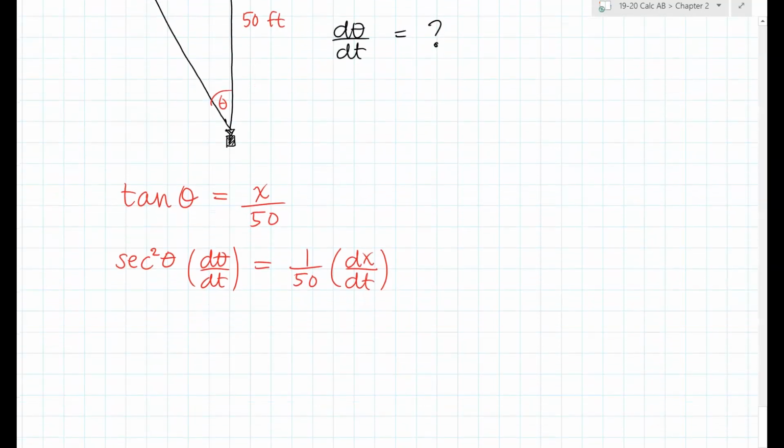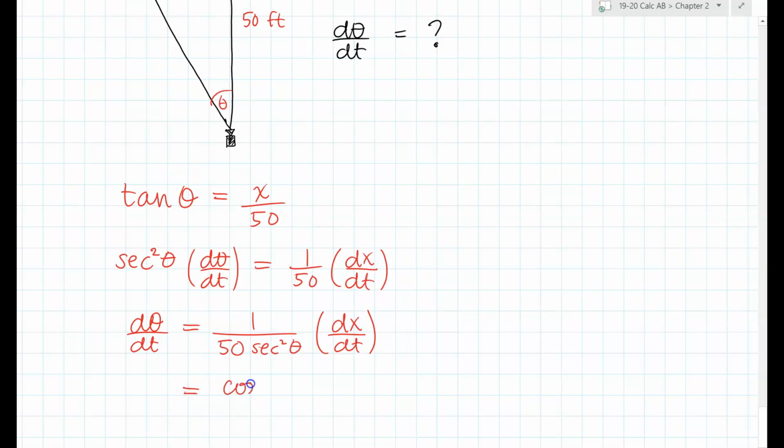Now I need to find d theta/dt. So d theta/dt is equal to, I'm going to divide both sides by secant squared, 1/50 secant squared theta dx/dt. Now I'm going to change that secant squared theta into cosine squared theta over 50 dx/dt.